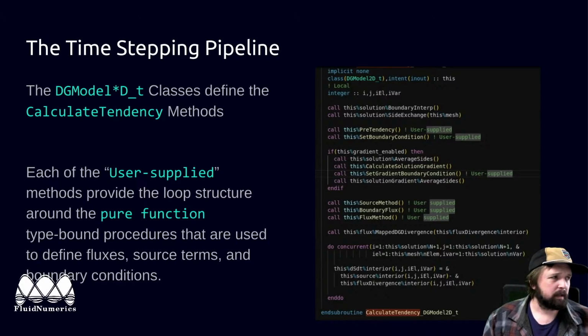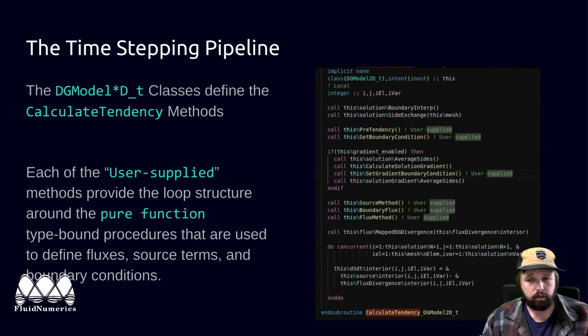And the next method does what's called a side exchange. So side exchange takes the mesh information that we have, and in that we have knowledge of who's neighbors, so which elements share an edge or which elements share a face, and we use that mesh information to take the boundary information from the elements and send it to your neighbor to store in another table.